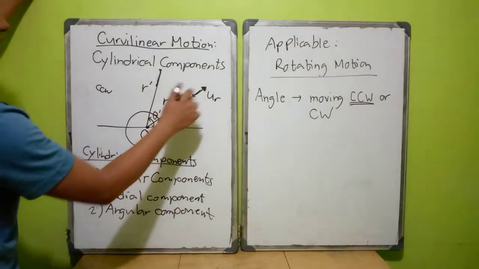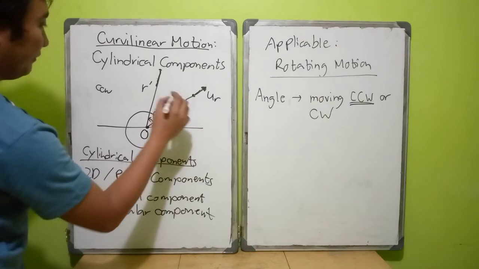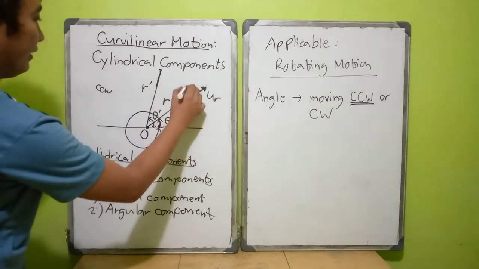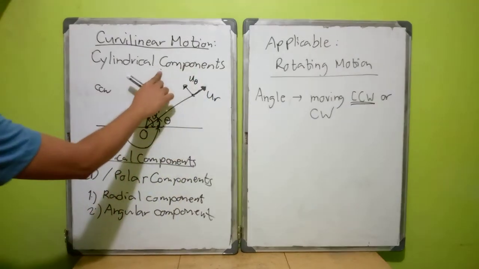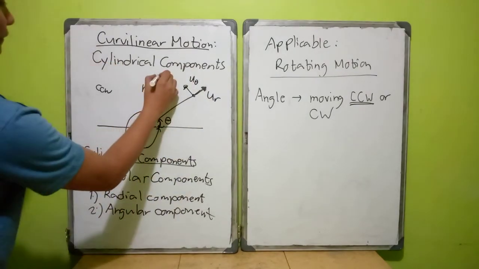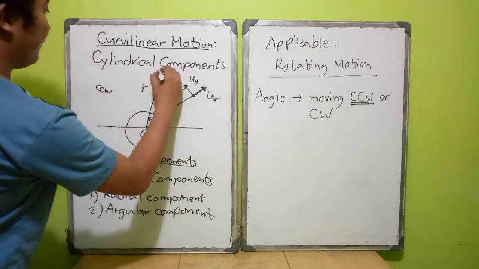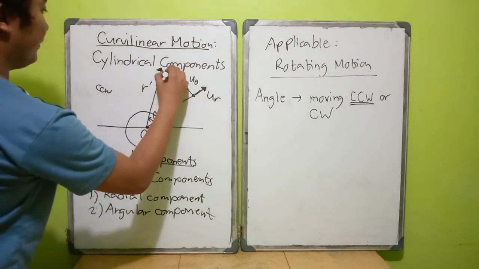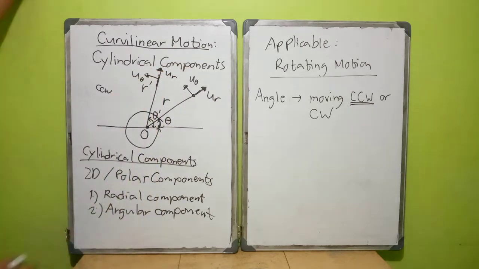Then we have what we call U theta. If it is already in this part, this will be your UR and this will be your U theta. Notice that it is changing.